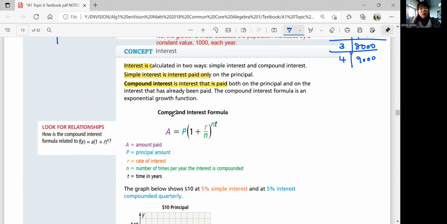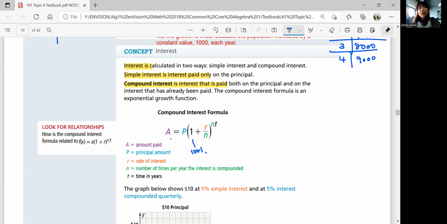This is a compound interest formula. Simple interest is not an exponential function because you have a fixed interest, okay? So the compound interest formula could be represented by this equation: A, the total amount paid, is equal to P, the principal amount, your initial amount, times, in parentheses, 1, which represents 100%, plus the rate R, the rate of interest, over N, the number of times per year the interest is compounded.